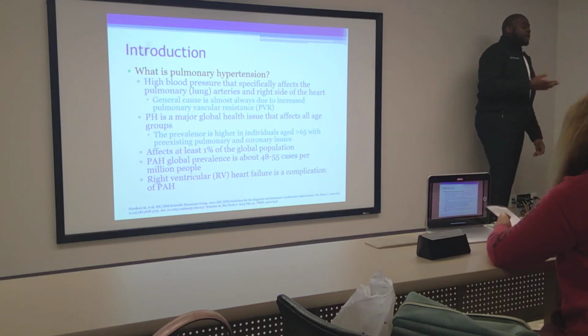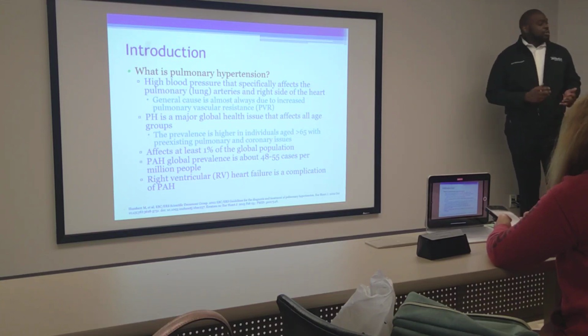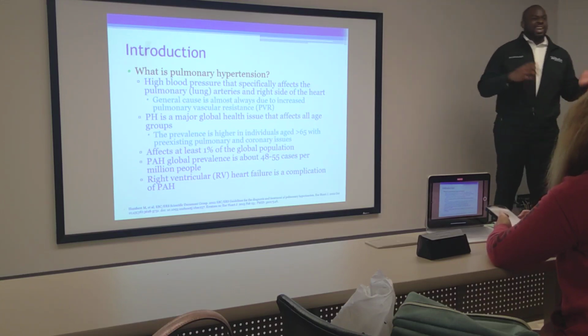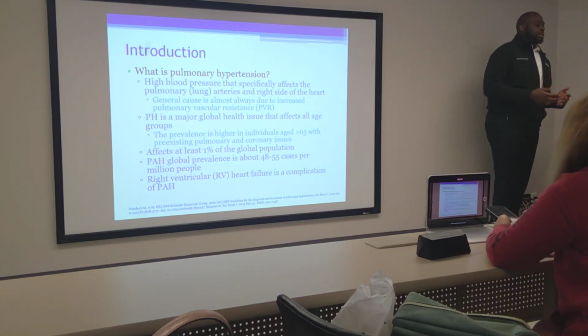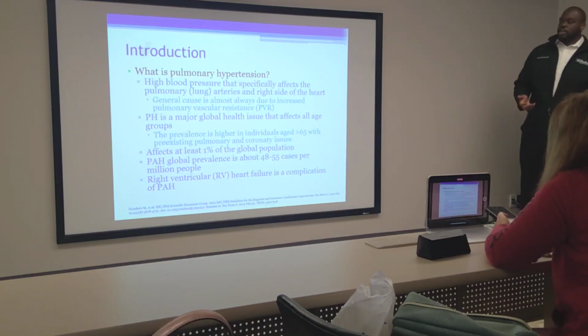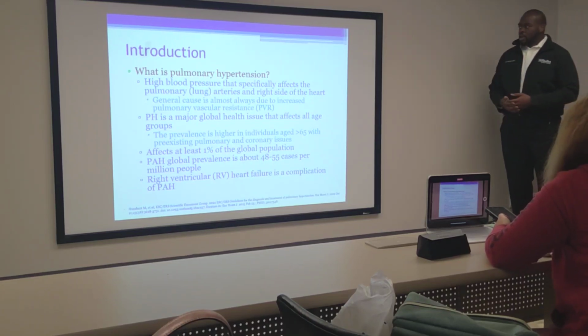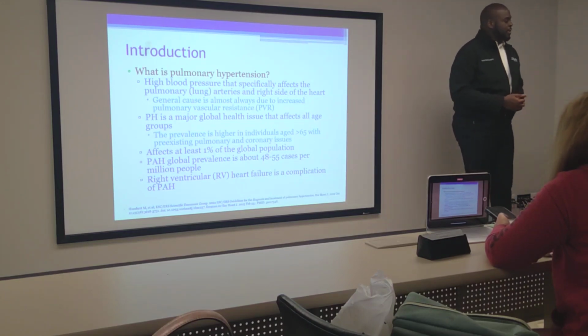Know that PH is a major global health issue that affects all age groups. The prevalence is higher in individuals aged 65 and older, in other words our geriatric population, with pre-existing pulmonary and coronary issues. An example would be patients who may have COPD, for example emphysema, as well as heart failure, which we're very much accustomed to already.